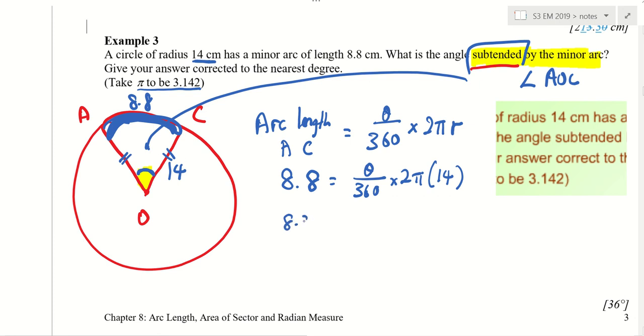So this is 8.8, this is theta times 2 pi, 28 times 3.142 over 360. You can cross multiply, you can divide, you can do whichever way you are comfortable with. As long as the answer later is 36 degrees, you are okay. Is that alright?